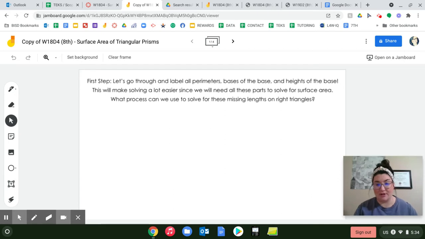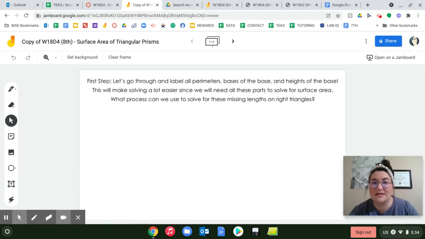So one of the things that I always have us do first is go through every single triangular prism, and we're going to label all the perimeters. And then on that triangular base, we're going to label the base and the height.